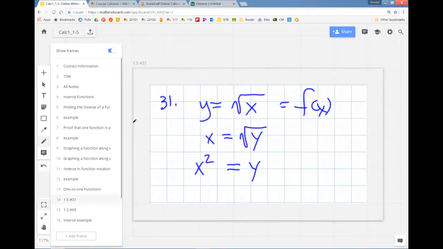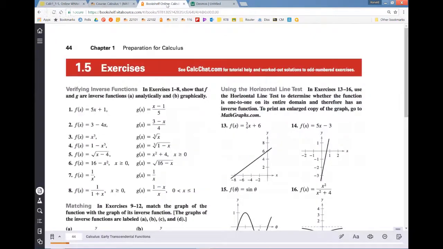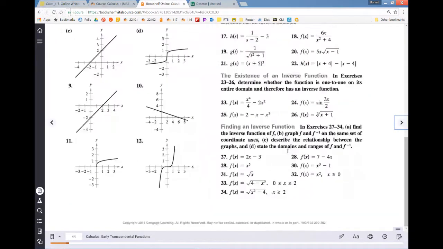So let's just talk about this one a little bit. Number 31. And the directions here, let's just take a look. It says, find the inverse function of f, graph them on the same set of coordinate axes, describe the relationship between the graphs, and state the domains and ranges.